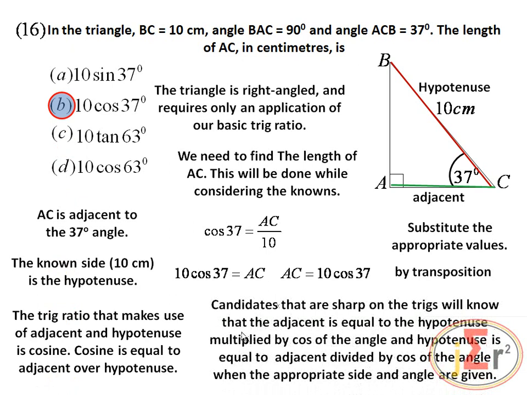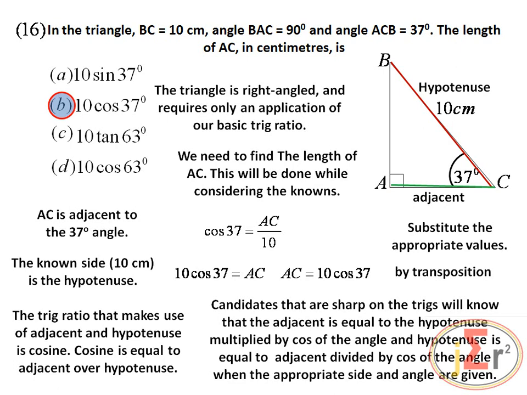Candidates that are sharp on their trig ratios will know that the adjacent is equal to the hypotenuse multiplied by the cos of the angle, and that the hypotenuse is equal to the adjacent divided by cos of the angle when the appropriate side and angle are given. So if you are sharp on your trigs, to find the adjacent, we multiply the hypotenuse by cos of the angle.